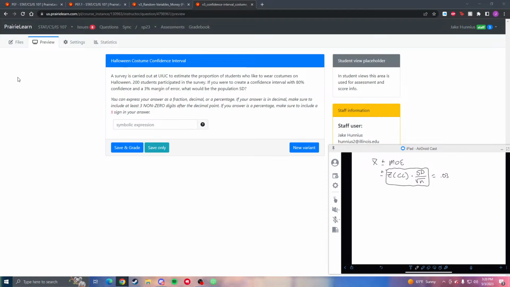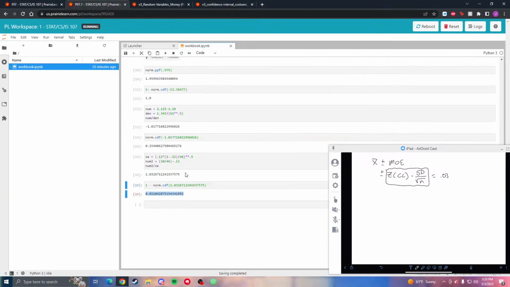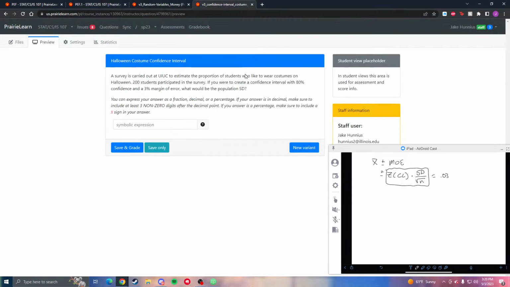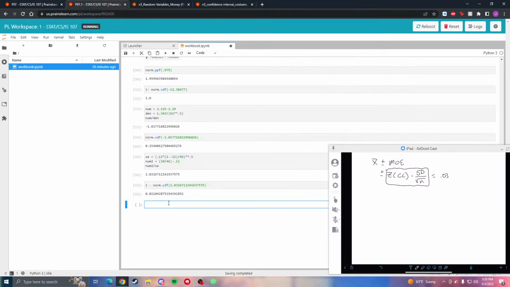So first things first, we have to figure out what the z of our confidence level is. So the way we do that is figure out what our confidence level is. 80%. So now, to create an 80% confidence interval, we do 1 minus 0.8 divided by 2.